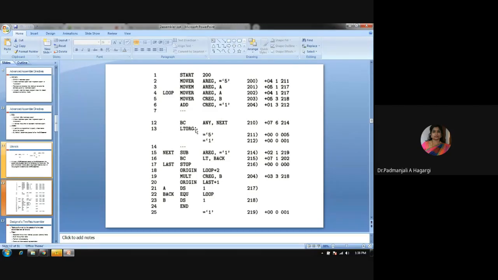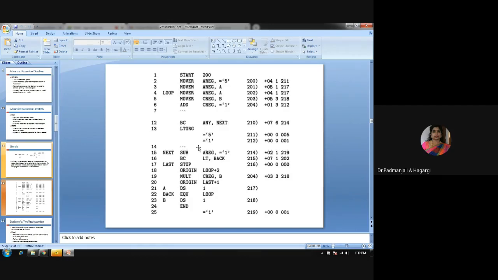Whenever LTORG is encountered, this is an advanced directive, you may be knowing that. And if you feel like knowing more, I would recall it again in the next slide.